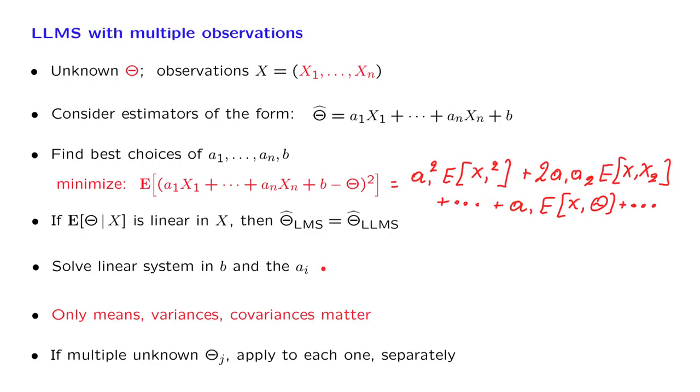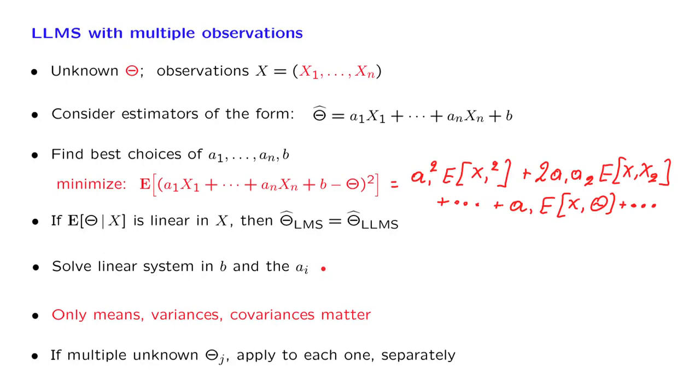We have a quantity, which is a function of certain parameters, and we wish to find the choices for those parameters or those coefficients that will make this quantity as small as possible. One first comment, similar to the case where we had a single measurement, is the following.